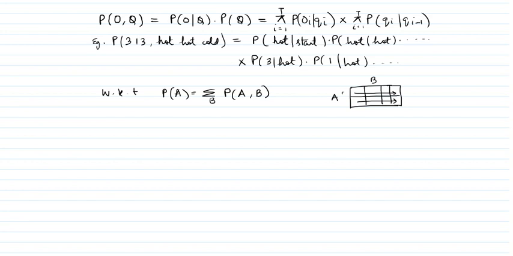Suppose this is 0 and 1, and these are small a, b, c, d. So I will get a probability for A equal to 0 and a probability for A equal to 1.